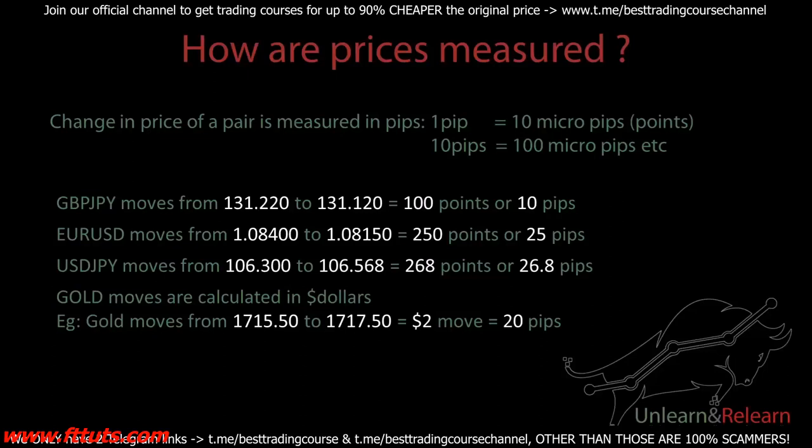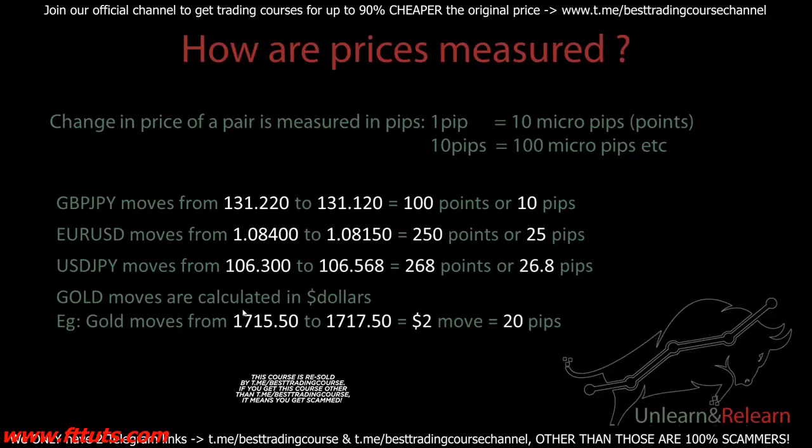Calculating pips on gold is completely different because gold is measured in dollars. Let's say gold moves from 1715.50 to 1717.50. When you subtract this, you get the number 2, so this is a $2 move. You have to understand this: when you're looking at gold prices on your charts, you're always looking at dollar values.